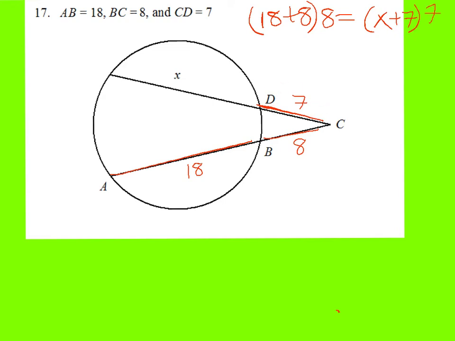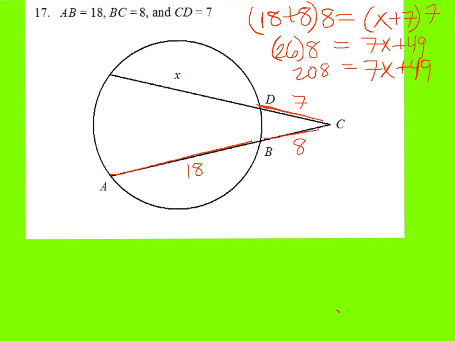All right, so working this out, 18 plus 8, we get 26. 26 times 8, we get 208. And that's equal to, distributing over here, 7x plus 49. To solve for x, we're going to subtract 49 on both sides.